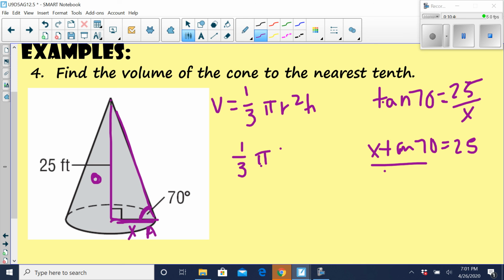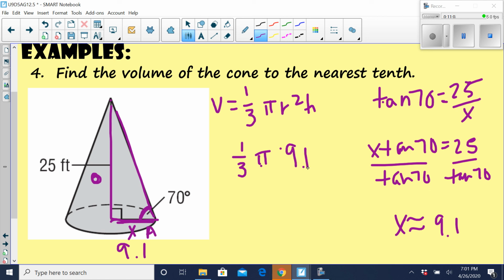My goal is to get x by itself, so I need to divide by the tangent of 70. I'm going to find x to be approximately, if I take 25 and divide by the tangent of 70, 9.099. So I'm going to round it to 9.1, and that's going to represent my radius. And now I can calculate the volume. 1/3 pi times 9.1 squared times the height, which is 25.